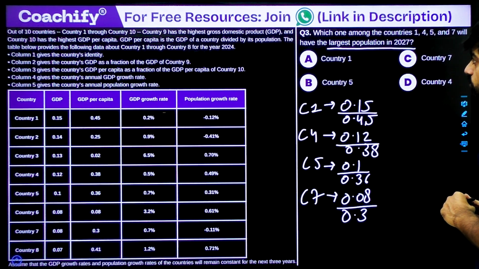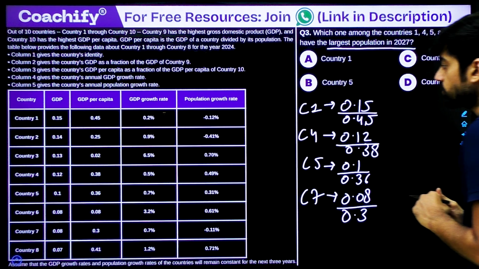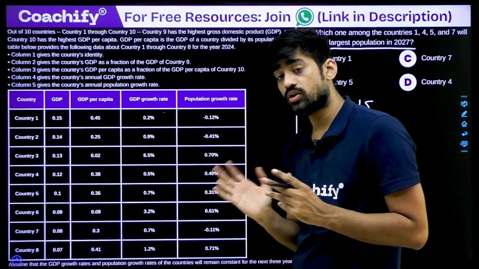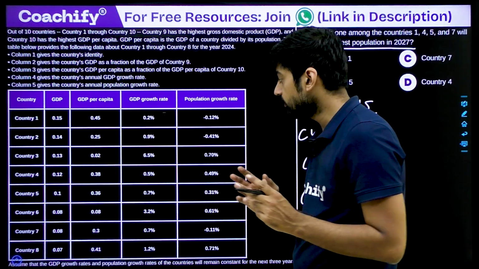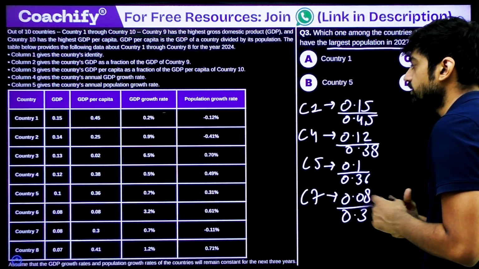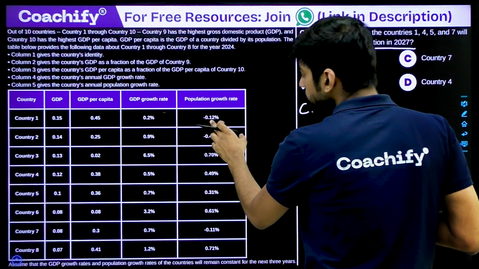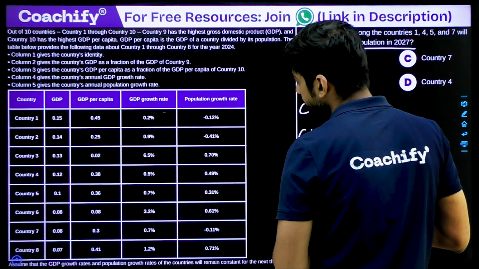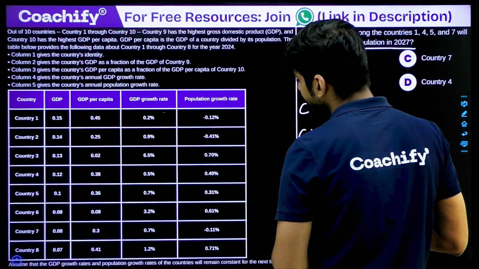For that, we need to bring the growth rate into consideration. Since the growth rate is constant for the next 3 years, we can use the figures as they are, for 3 consecutive changes. Now 0.12% decrease. So what will this value be?